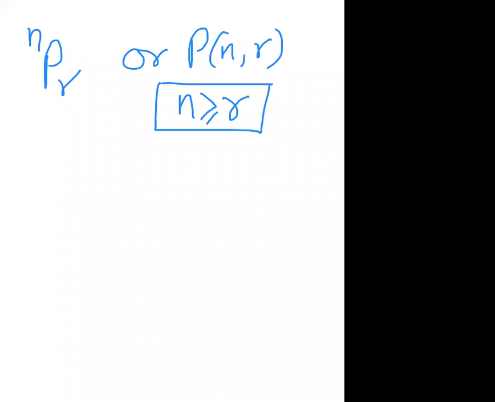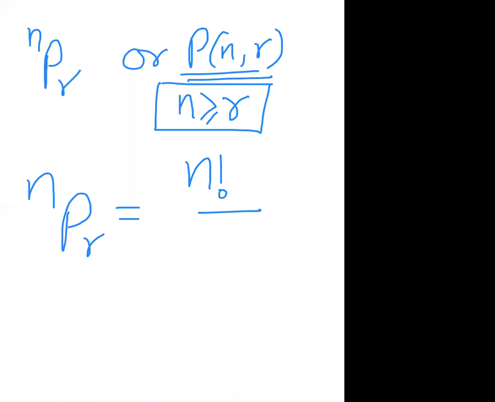Now the formula for nPr: our NCERT books always write nPr like this, but some books may give it differently. It will be n factorial upon n minus r factorial. One simple example I am taking: 5P3.